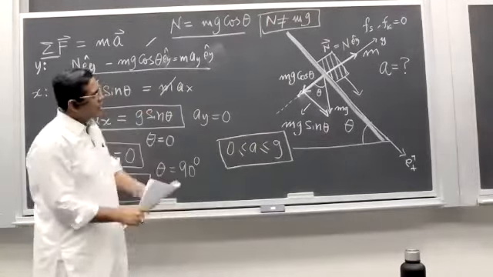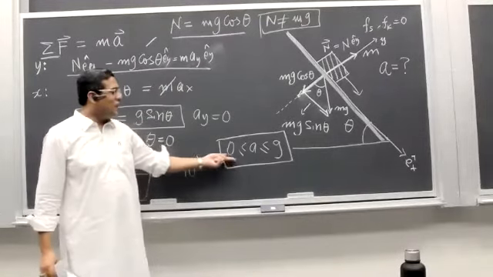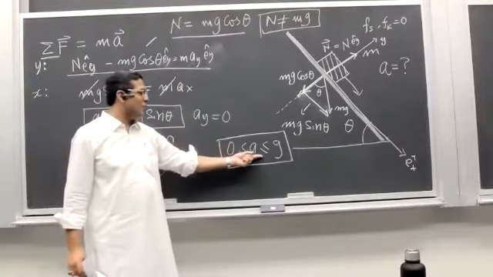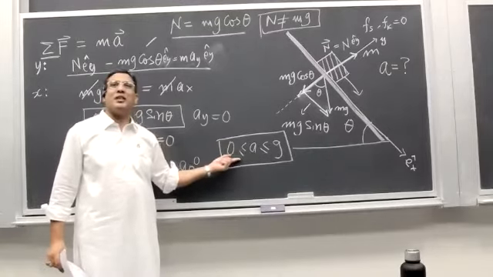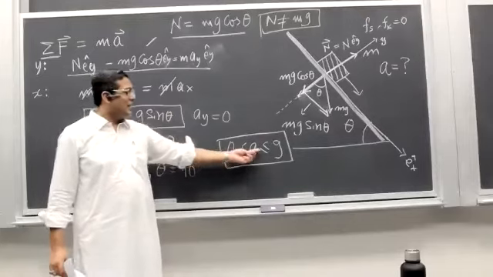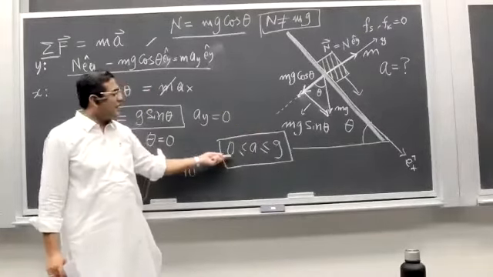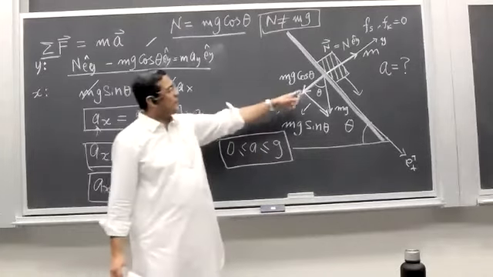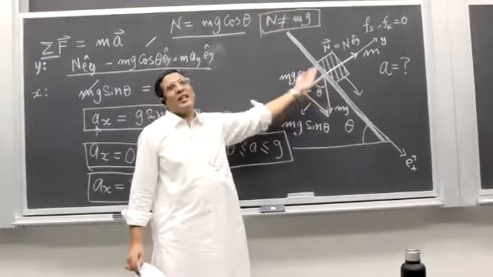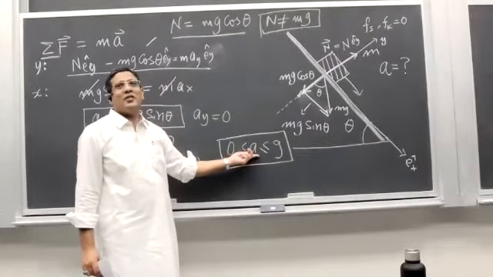You cannot go outside this bound unless there is another force present. The numerical value of your acceleration would always be between this bound. It can be 0, that means a flat surface, and it can be exactly g, that means free fall. And any other case, even if the friction is present, because friction opposes, it is going to reduce the acceleration. So your acceleration is always within this limit.